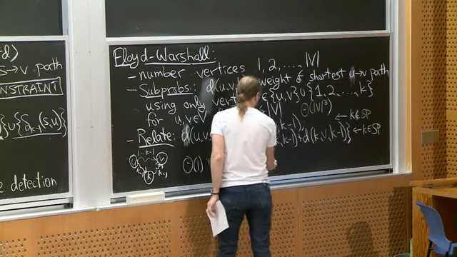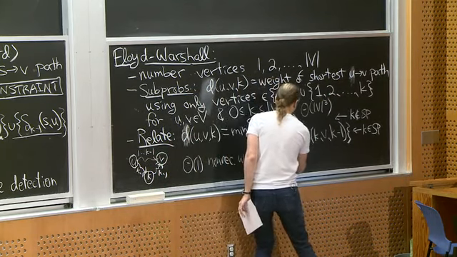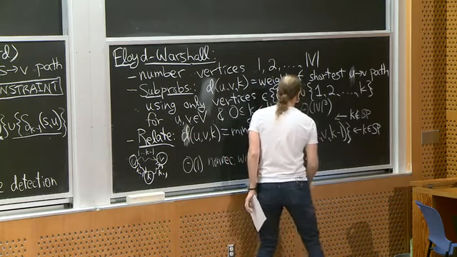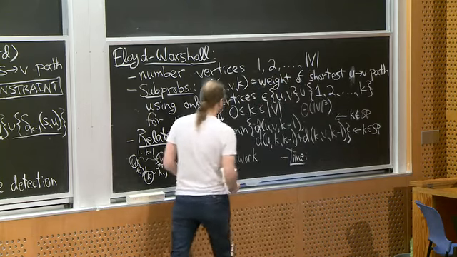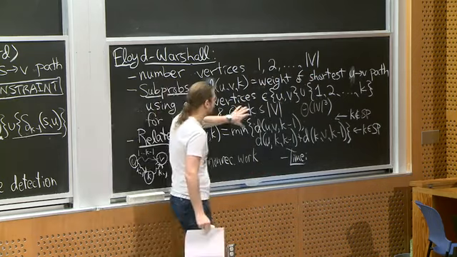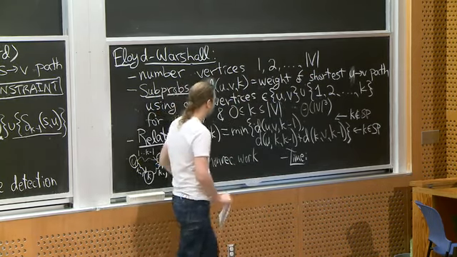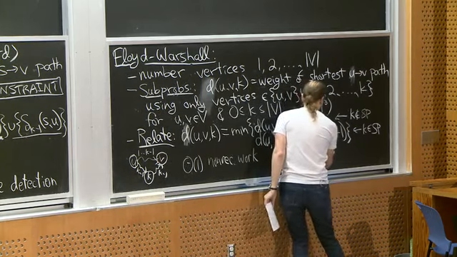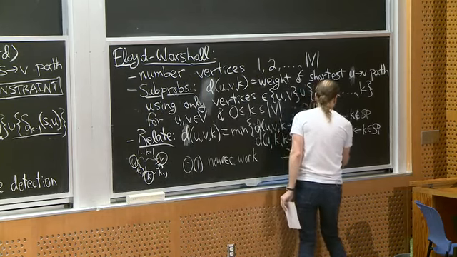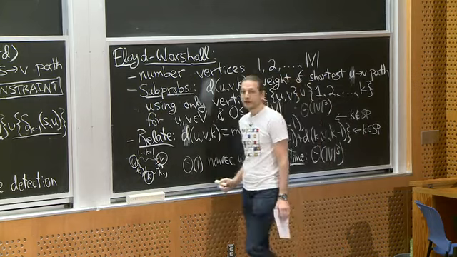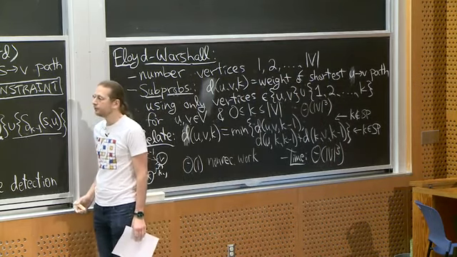So if we jump ahead to the running time for this algorithm, we get the number of subproblems, which is v cubed, times the amount of work per subproblem, which is constant. So that's just a v cubed algorithm. For dense graphs, this is really good.